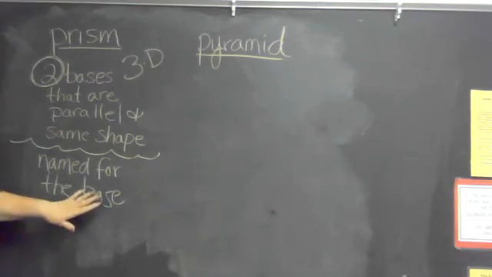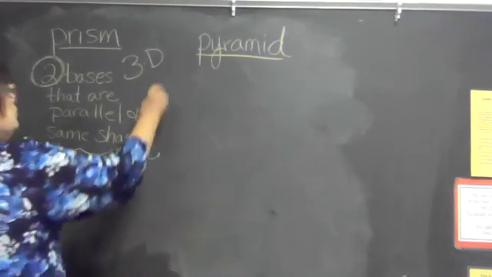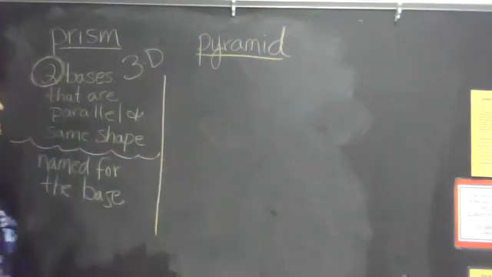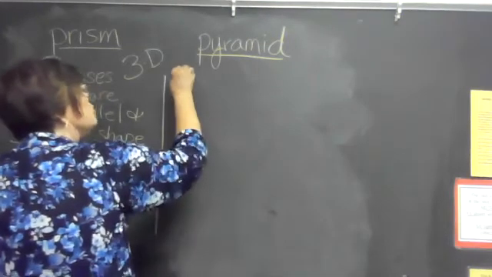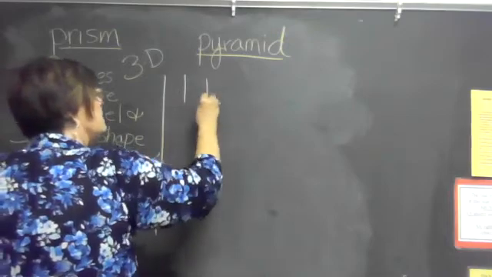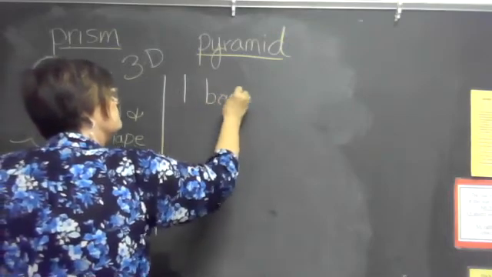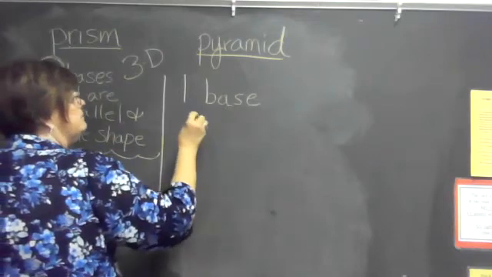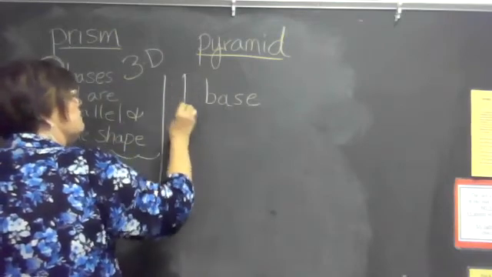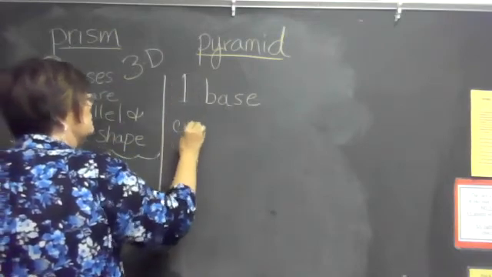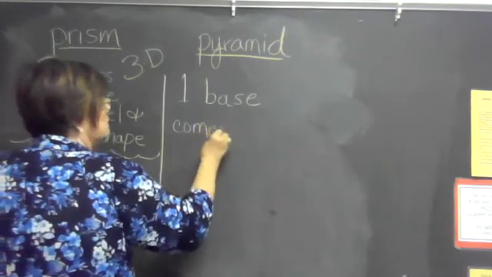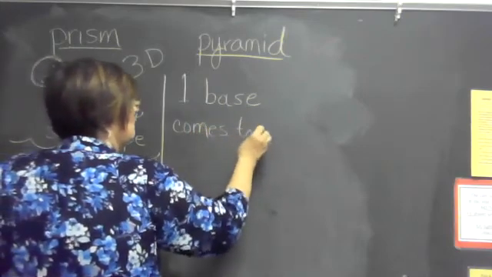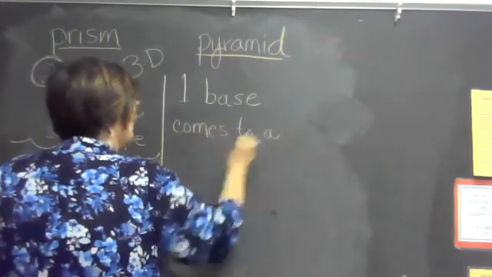Everybody good? The major difference between a prism and a pyramid is that the pyramid has one base. And I don't know how to say the rest, comes to a point.